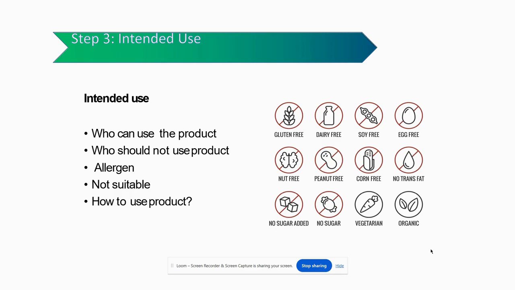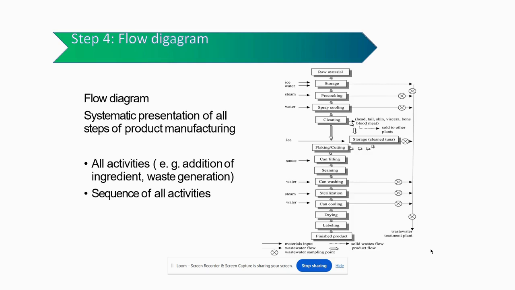For example, in the dairy manufacturing sector, they will be manufacturing pasteurized milk. They will also be manufacturing paneer. They will also be manufacturing condensed milk.